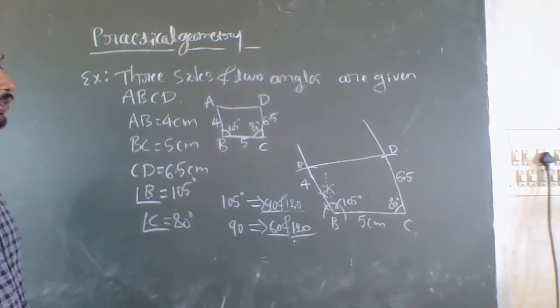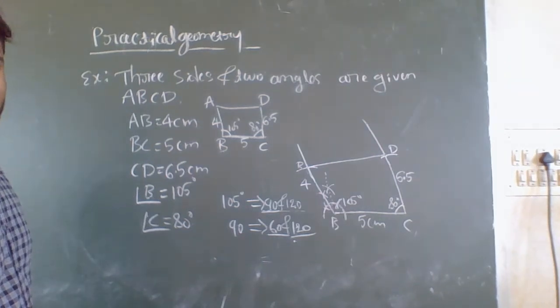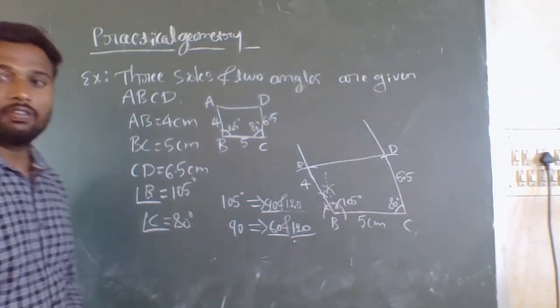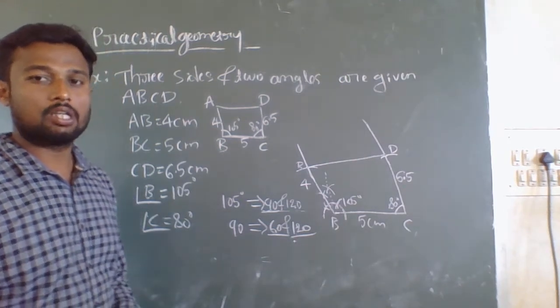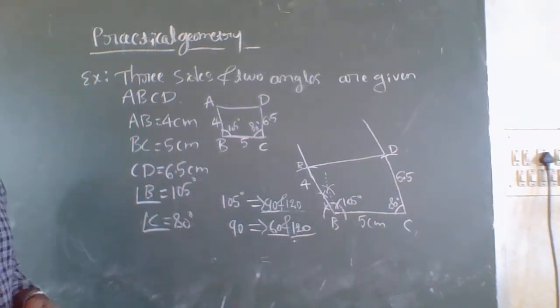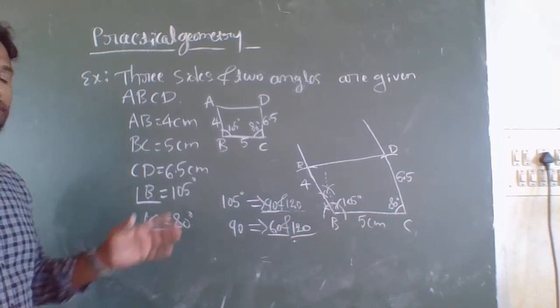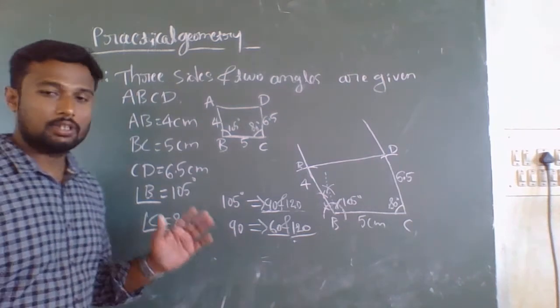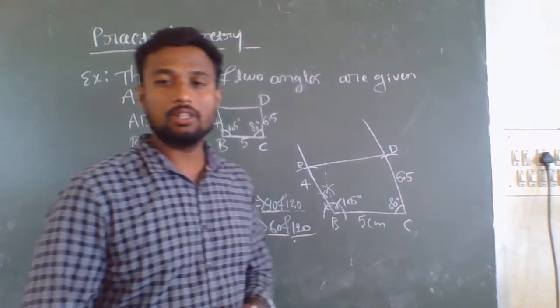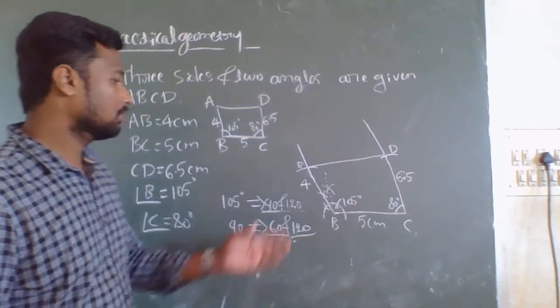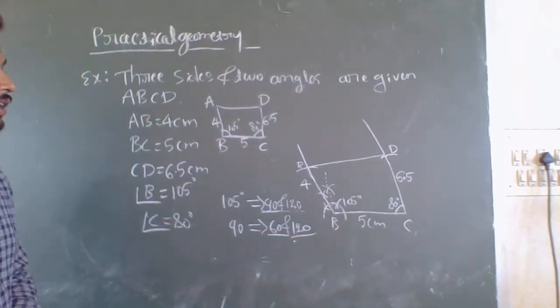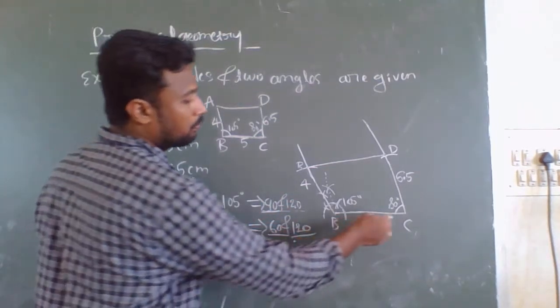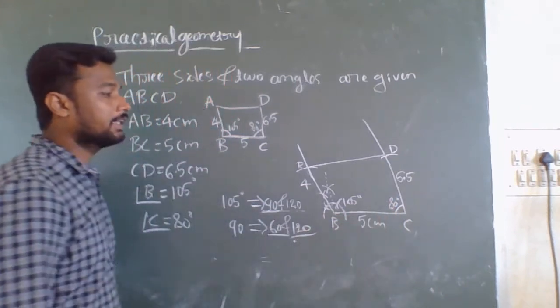So if you are not clear with this, try to see the first part, means introduction part of practical geometry. There I discussed it in very detail. So you can get to know how to construct these angles by using compass. So this is how to construct 105 degree, and at point C here it is the 80 degree.